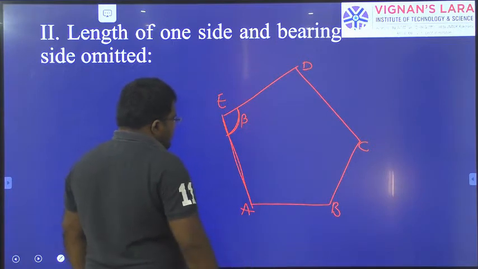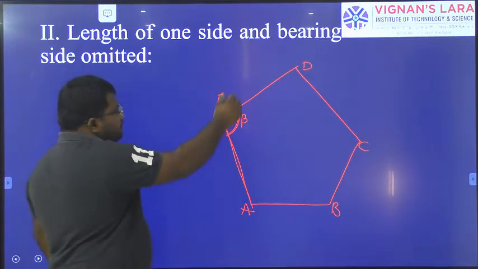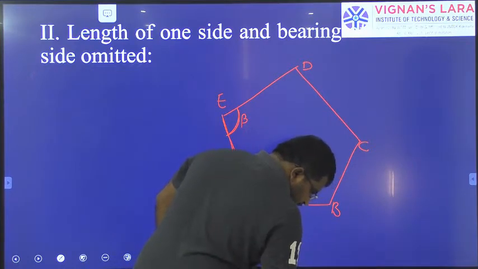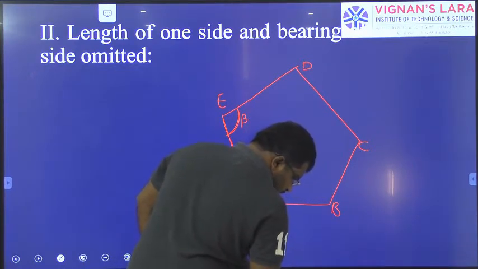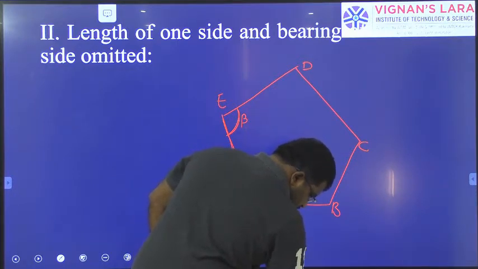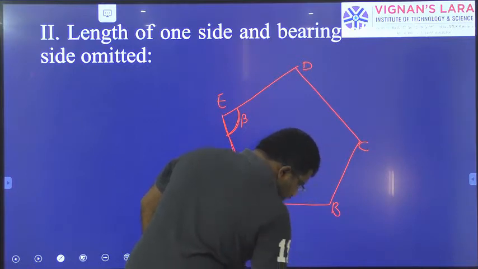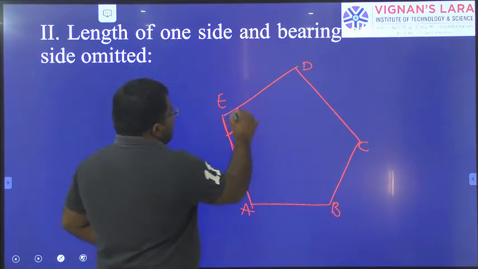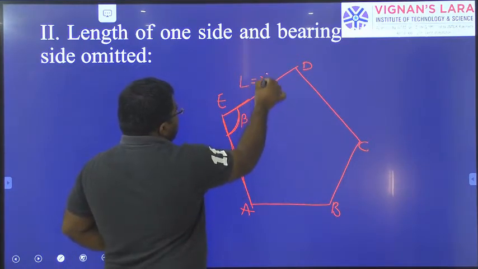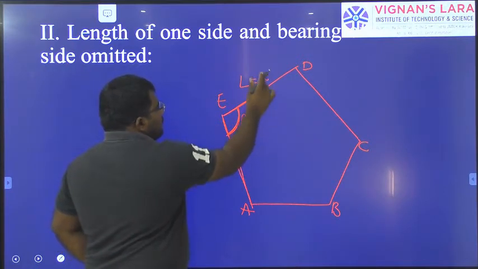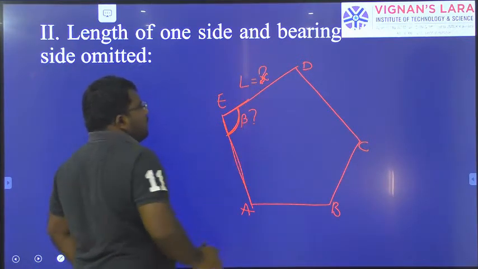AE length I don't know, as well as the beta also I don't know. So these two are unknown values.